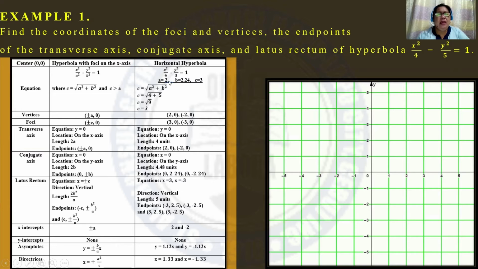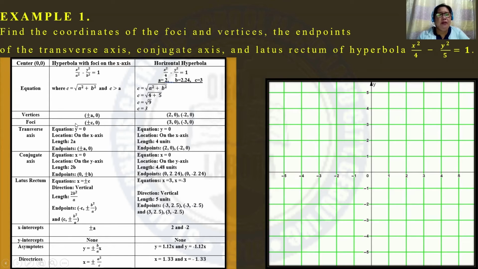So the value of a is 2 because the square root of 4 is 2. The value of b is 2.24 since the square root of 5 is 2.24. And the value of c is 3 because the square root of 4 plus 5 is the square root of 9 and the square root of 9 is 3.